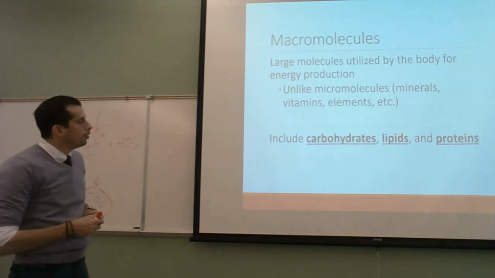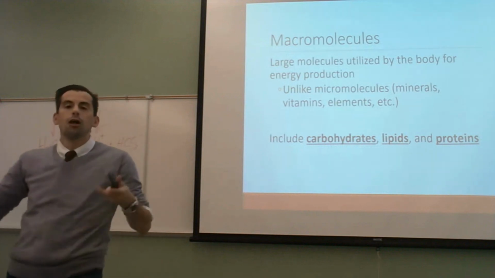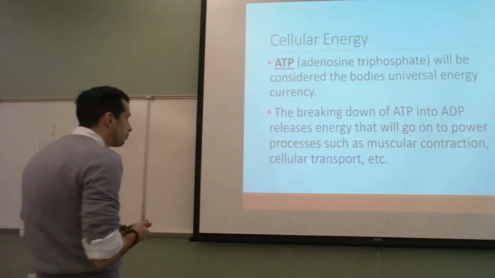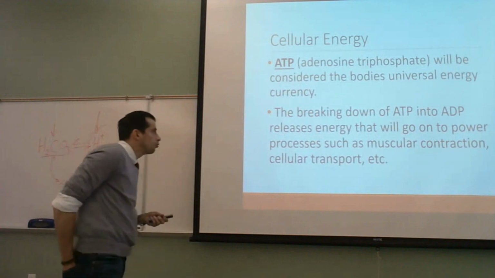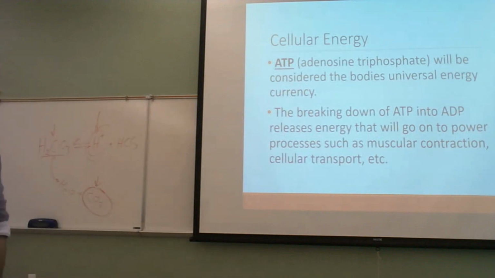So we'll be looking at the metabolism of carbs, lipids, and proteins so we can produce our body's universal unit of energy as ATP. ATP, adenosine triphosphate.